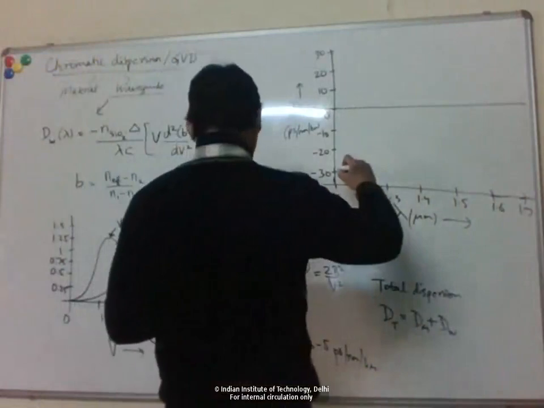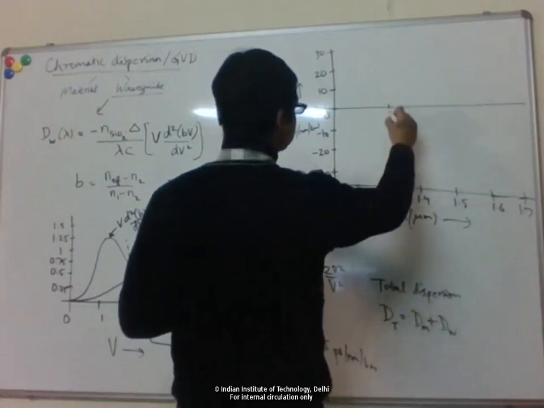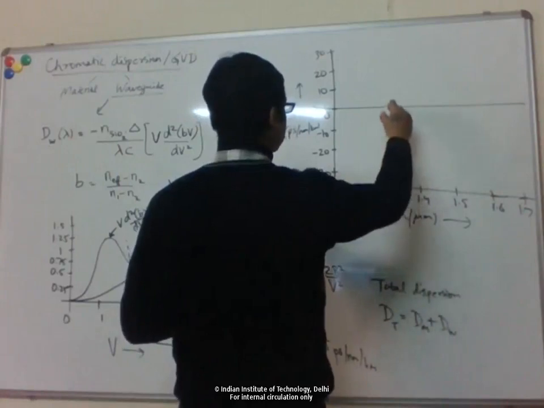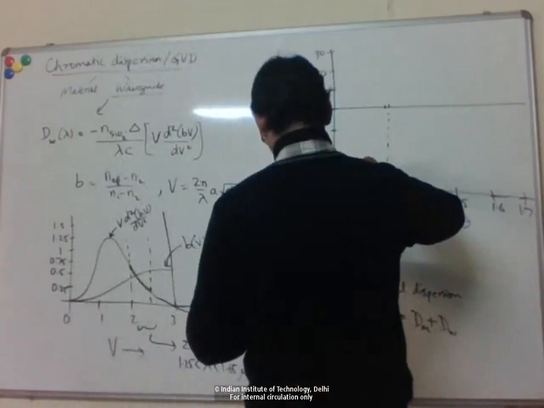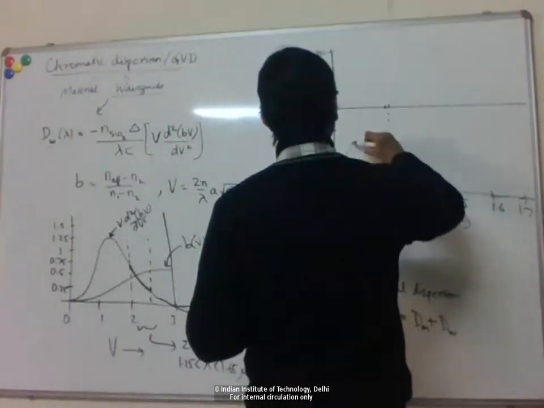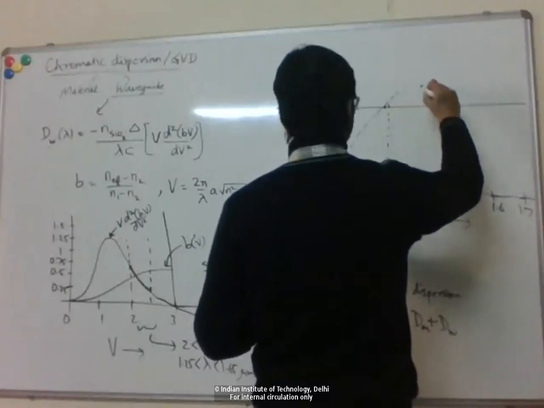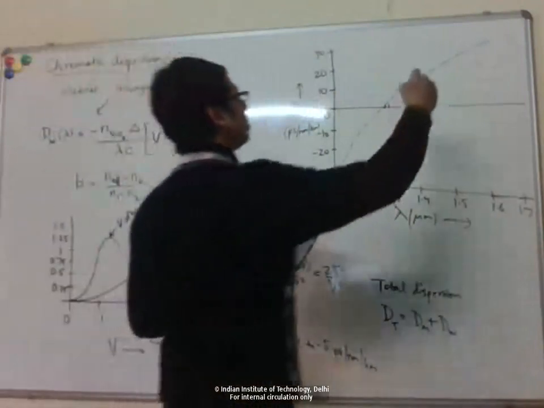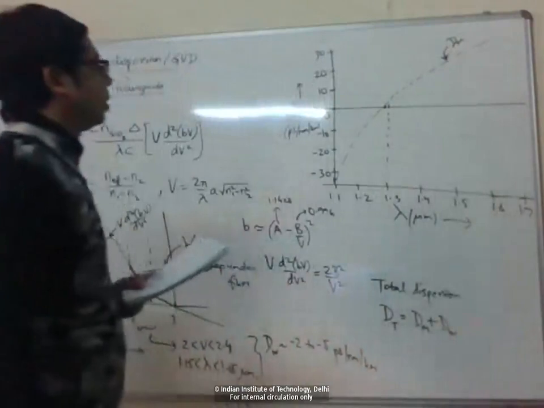Recall the material dispersion looked like this. It crossed 0 just below 1.3 here; for pure silica, about 1.27 it crosses 0. So that's the material contribution that we saw last time.